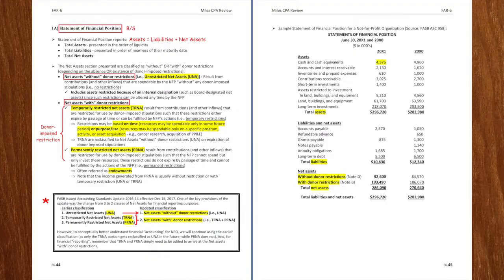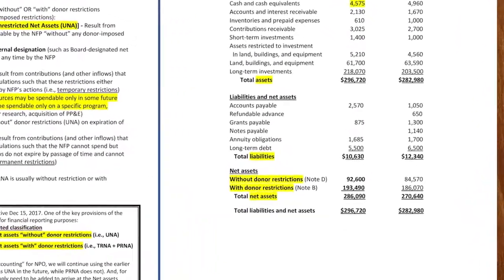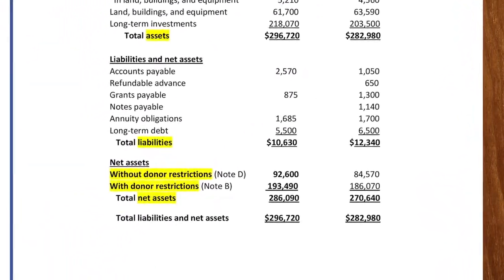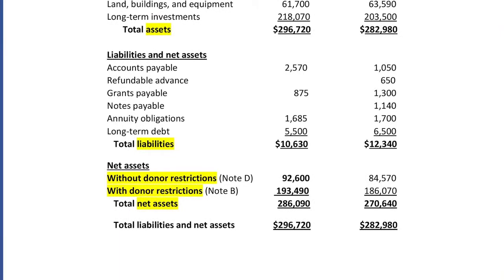So turn back to page 45 where we had a statement of financial position. And let's look at the dollar numbers on the net asset section. Without donor restrictions, highlight $92,600. With donor restrictions, highlight 193,490.